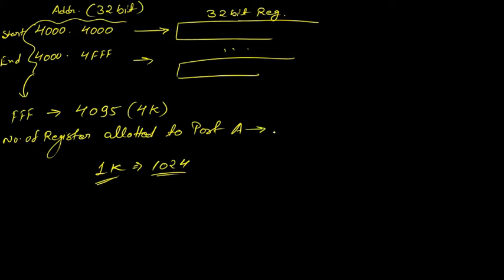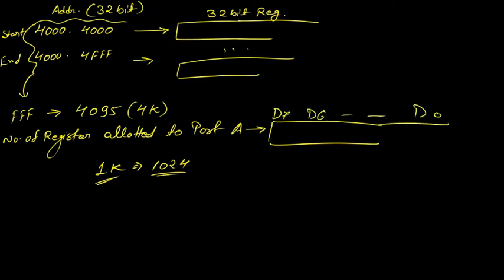And how many bits can be accessed by any user? Port A has D7, D6, similarly up to D0. So in total 8 bits are there, and these 8 bits can be used to connect LEDs, switches, motors, or whatever external peripherals you want to connect to these ports.